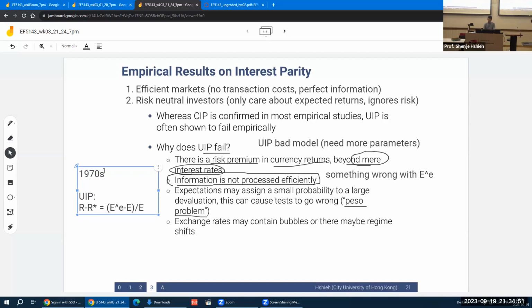If exchange rates are pegged, indefinitely, what does this equation reduce to? Remember, E hat E is the future value of the spot exchange rate, but E is fixed. So what is E hat E minus E over E?